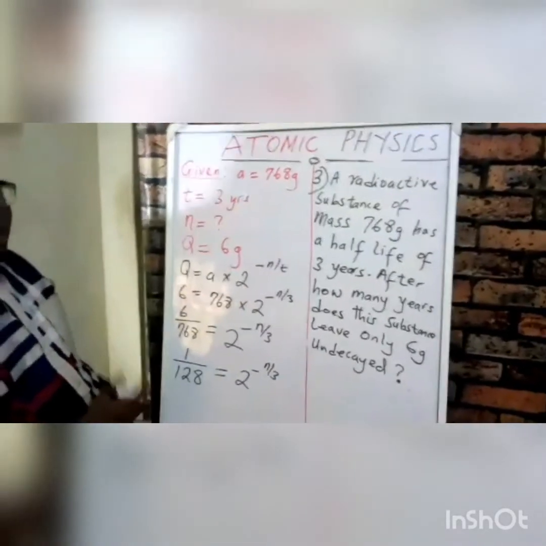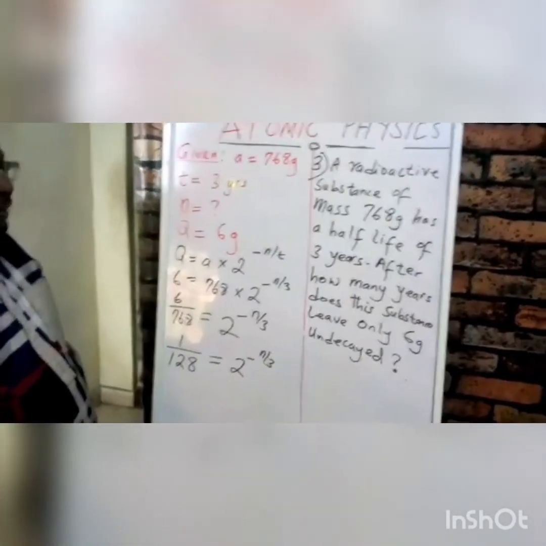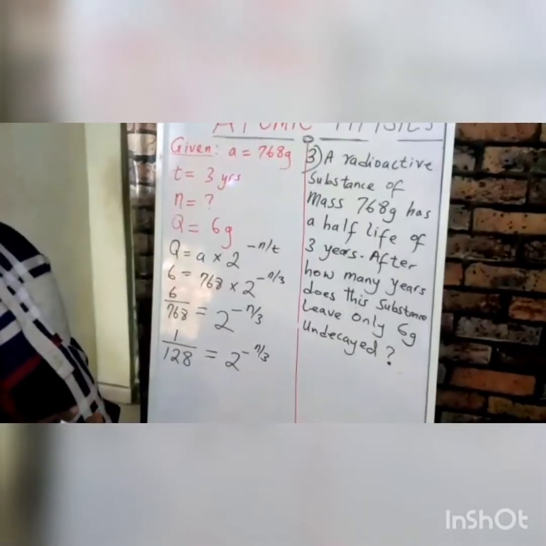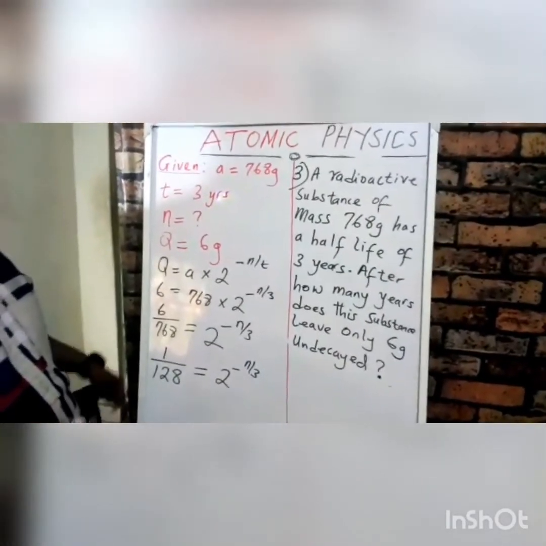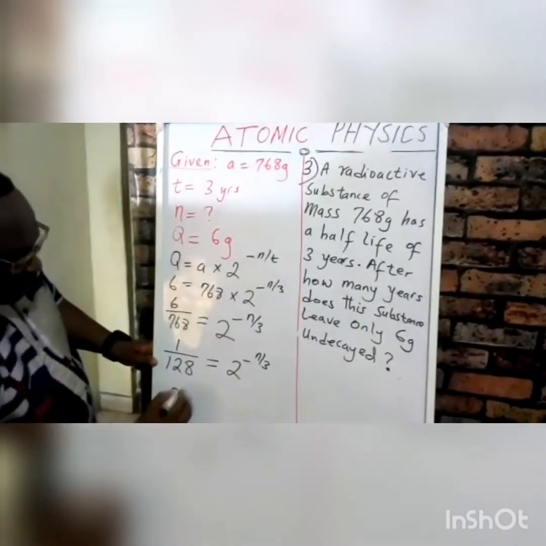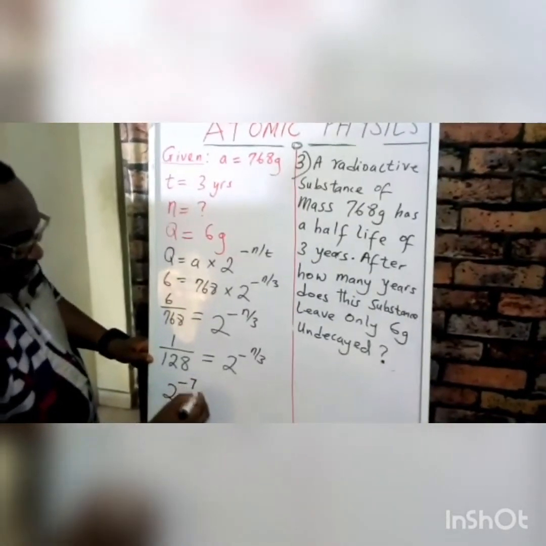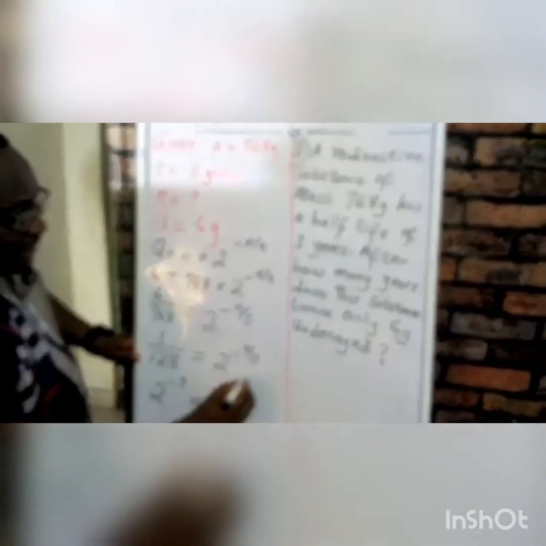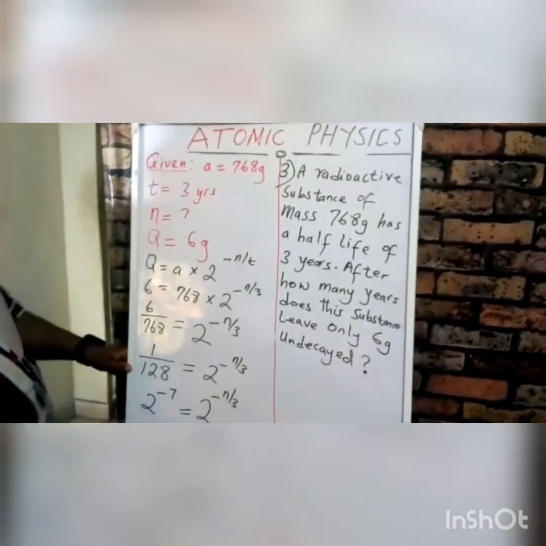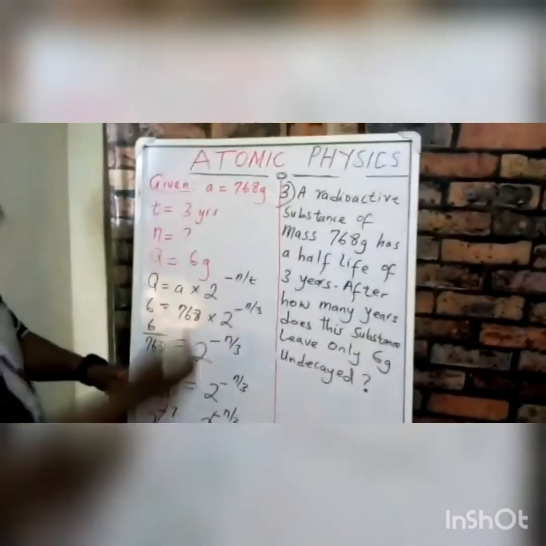Again, about this fraction, I've told you, you have to try and get yourself very well acquainted with these common fractions. 1 over 128 is obviously 2 raised to the power minus 7. So 2 raised to the power minus 7 is equal to 2 raised to the power minus N over 3. This will take out this.